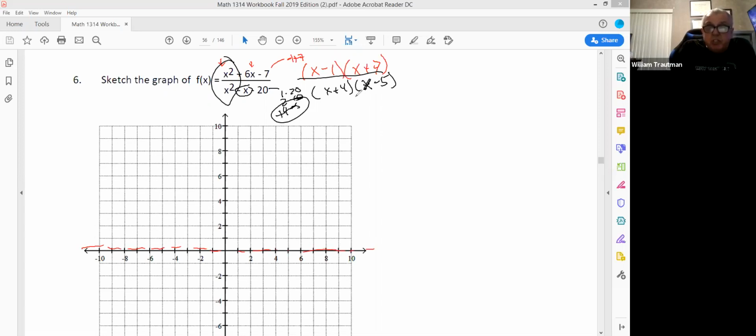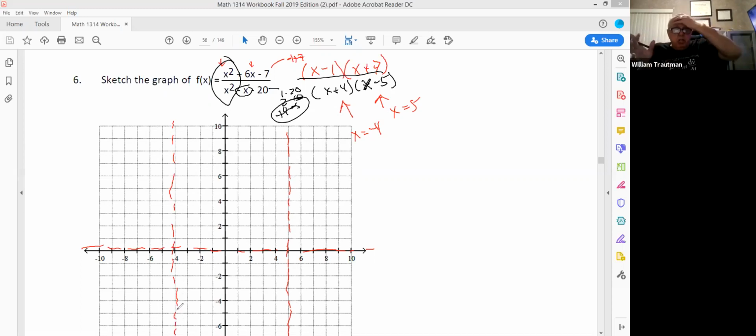We also have 2 vertical asymptotes. The bottoms are the asymptotes. Remember, one at -4 and one at +5. So there's an asymptote that goes through 5, and there's an asymptote that goes through -4.